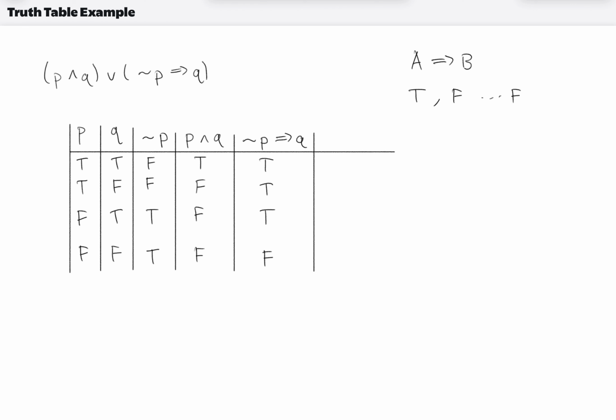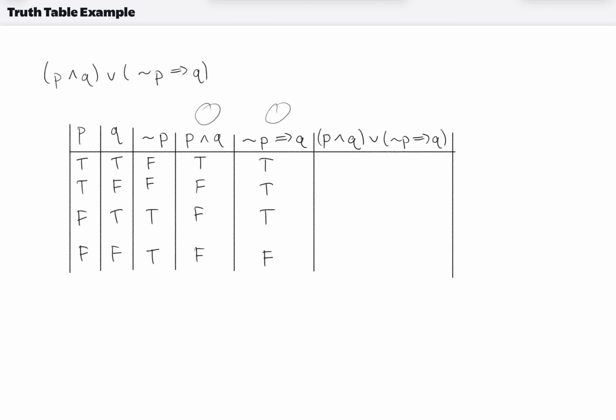Okay, next, now we can combine everything together to form the entire statement. So we have P and Q, or not P implies Q. So we're using the disjunction of these two columns.